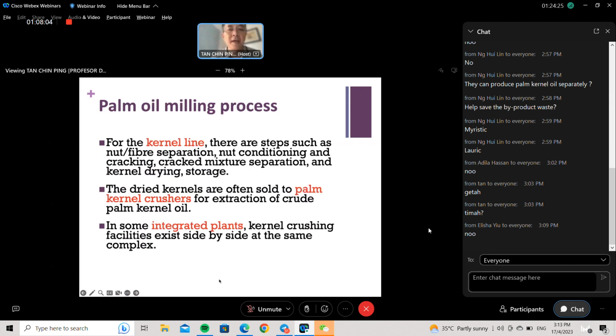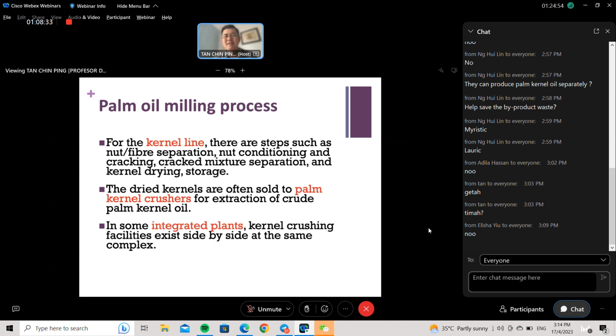So I already mentioned also there may be a kernel line, which is not necessary. Not all mills will have it, but if they have it, then it is called an integrated plant, so that you can obtain palm kernel. Okay, the kernel, the nuts. These nuts you can actually chew it. It is like chewing matured coconut meat.